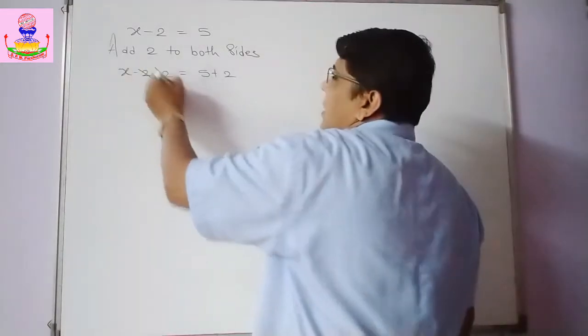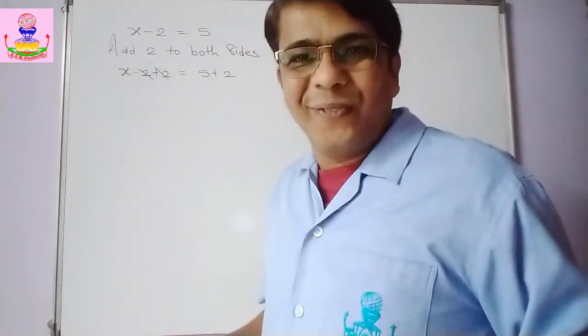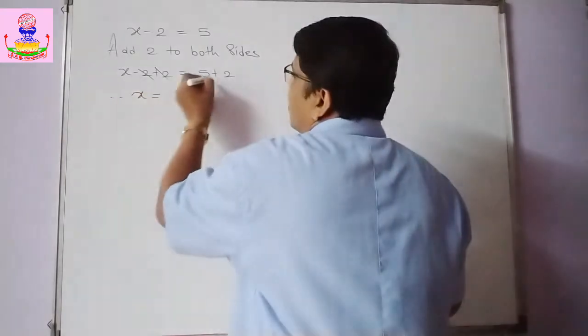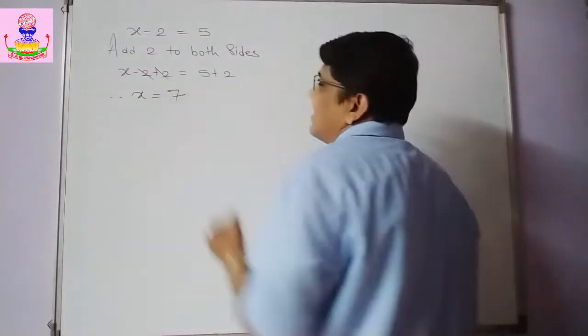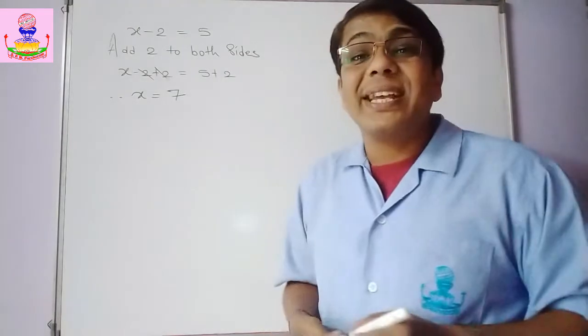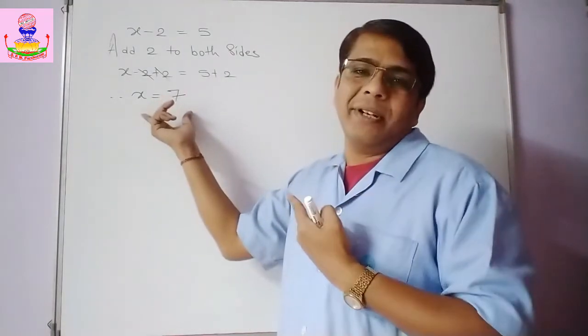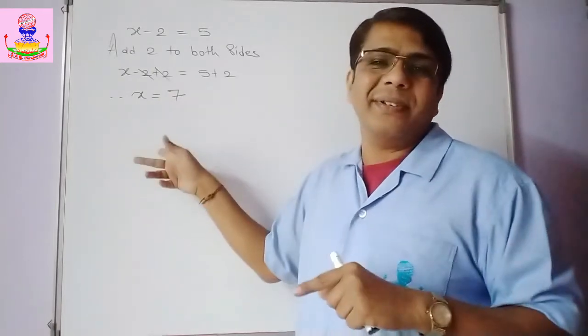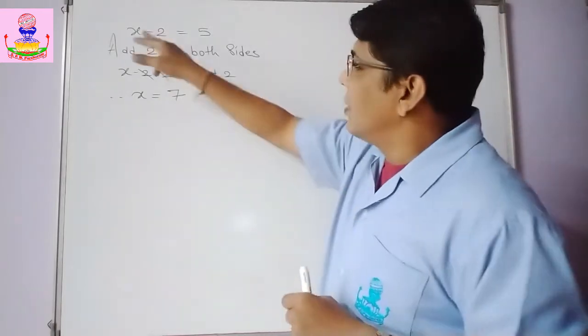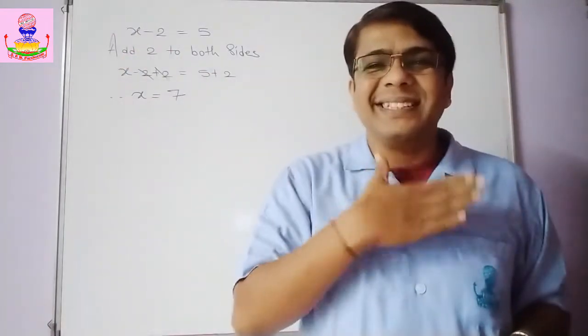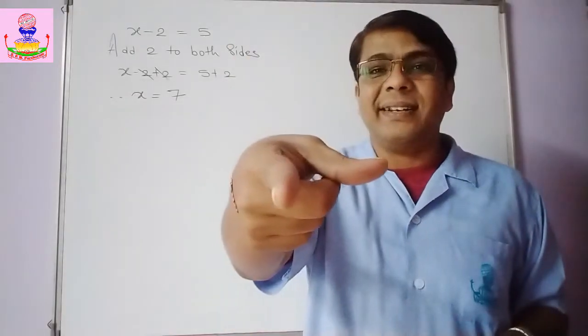Minus 2 plus 2 is 0, so cancelled. Therefore, x is equal to 5 plus 2, 7. You can verify. Here the solution of the equation is 7. Our value of x is 7. If I put here 7, 7 minus 2 is 5. That means my answer is exactly correct.